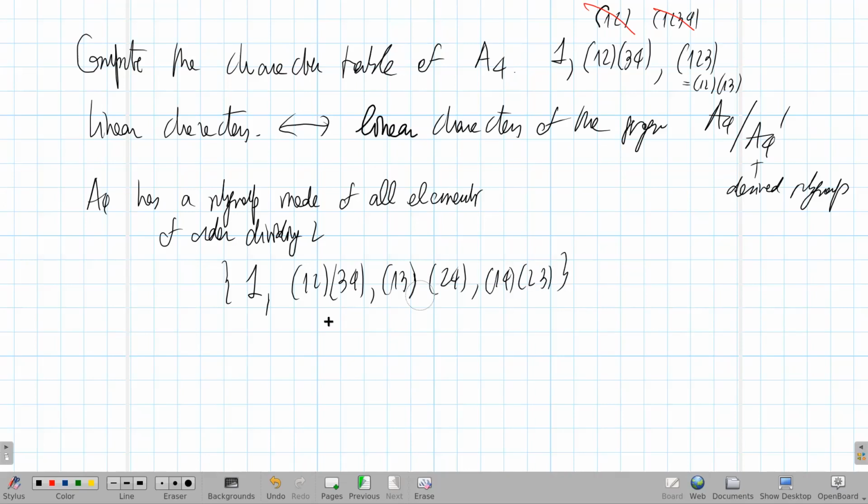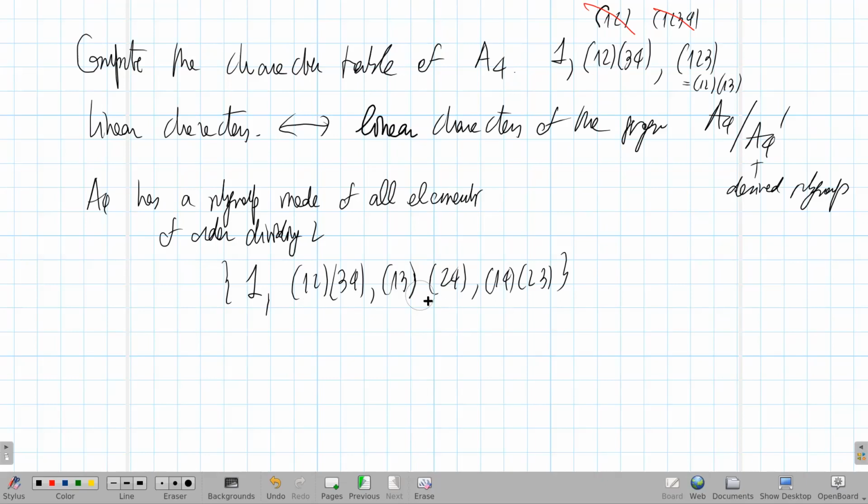And there are no others, because you choose the first 2-cycle, (1 2), (1 3), (1 4), and the other is forced. Since this is a product of two 2-cycles, 1 has to appear somewhere, and so I have chosen all the possibilities: (1 2), (1 3), and (1 4). So there are no other elements.